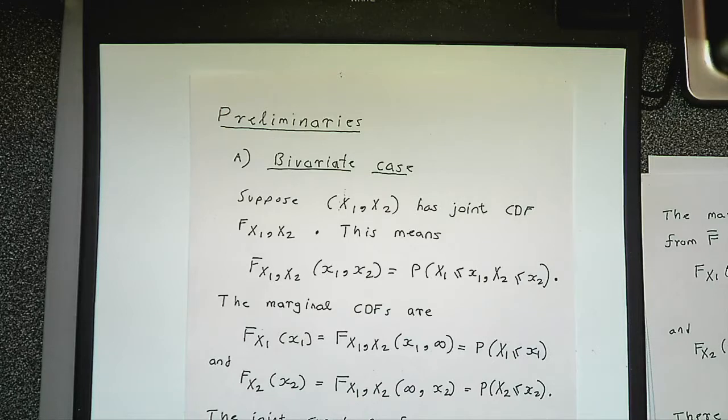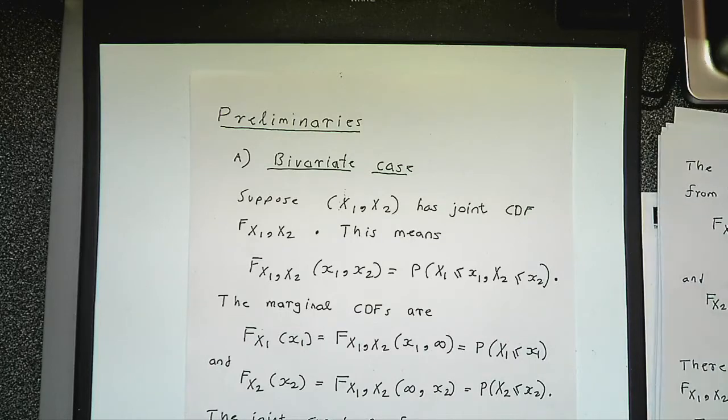So before I can talk about case 5 and case 6, I need to talk about some preliminaries which you might have covered in other courses you've taken. So let's go through the preliminaries. The preliminaries are about basically the joint.